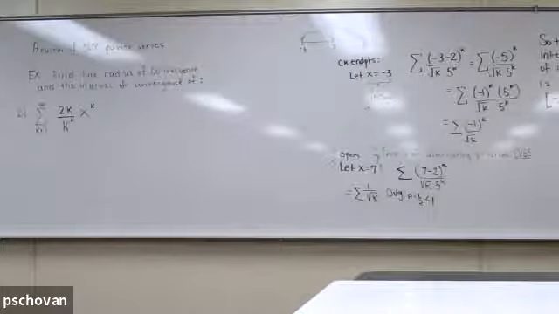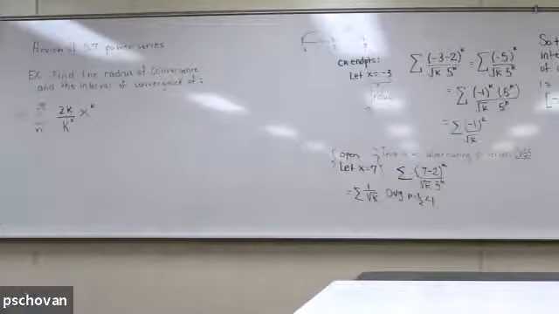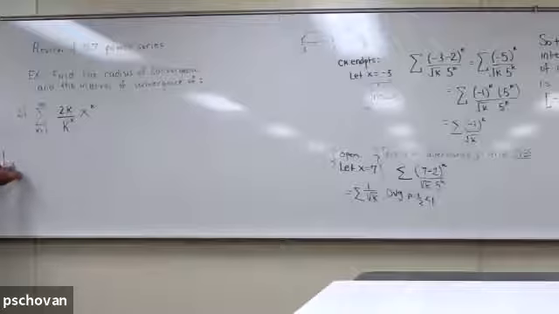And that's 2 times k, not 2 raised to the k, just 2 times k. Look at it, see if I'm getting in any trouble here.